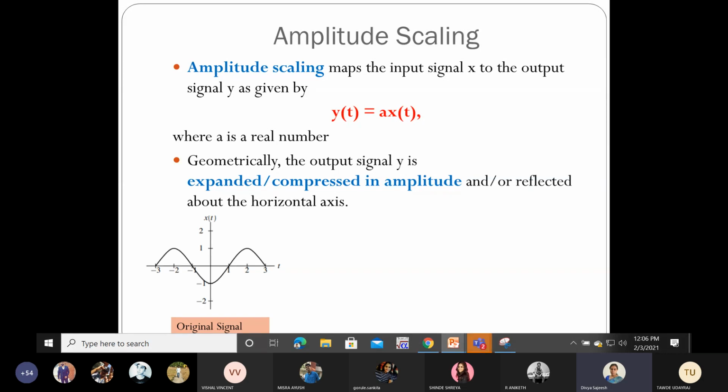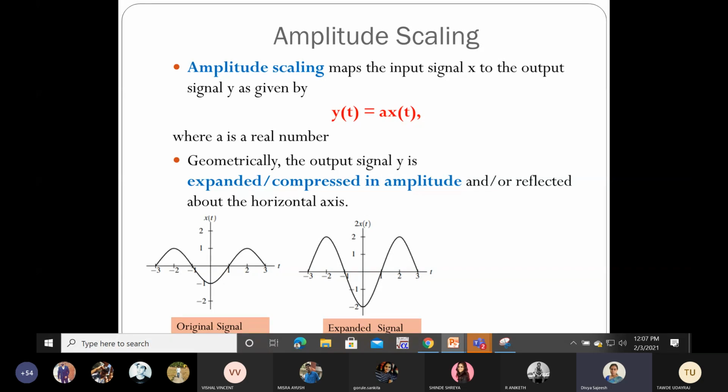This is a sinusoidal signal whose maximum amplitude is 1. Now when you scale it to 2 x of t, what happens? Here the amplitude will increase by 2, not like the time axis. Okay, finding the position on the time axis is just opposite to the amplitude scaling.